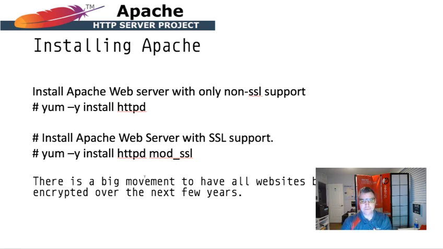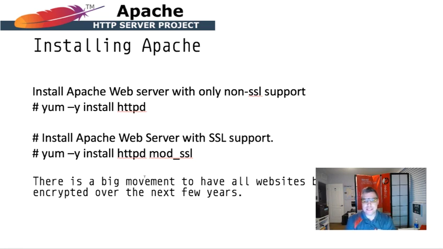This will add the SSL module to Apache, which will allow us to secure our website with SSL certificates. There's a big movement, with all of the Snowden information that's been leaked over the years and security being at the forefront of everyone's mind, that Google has pushed that we look to secure all of the websites on the entire internet in the next few years.